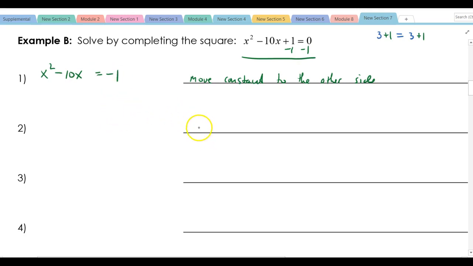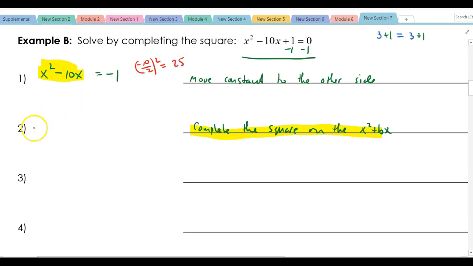Next, I'm basically going to complete the square on the x squared plus bx part. So this here, I'm going to complete the square on. All right. So how do I do that? Well, first, I'm going to take negative 10 divided by 2, square it to get 25.